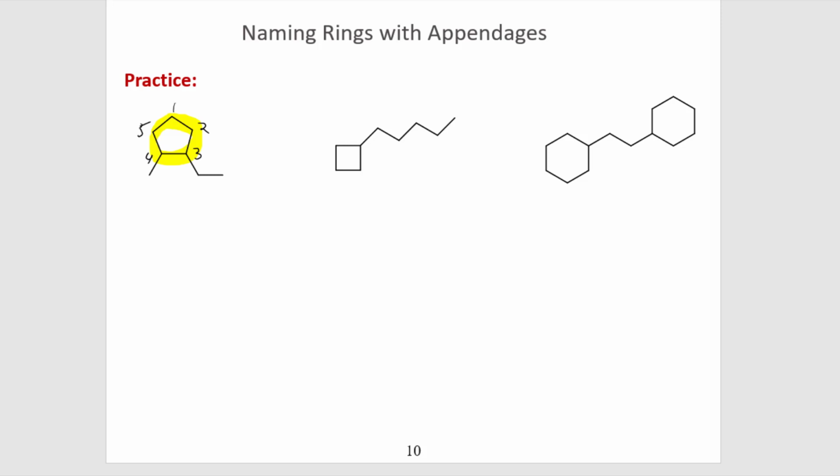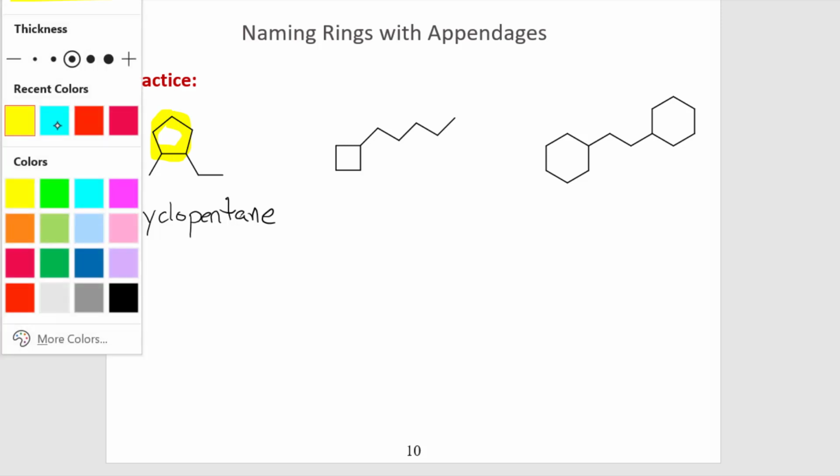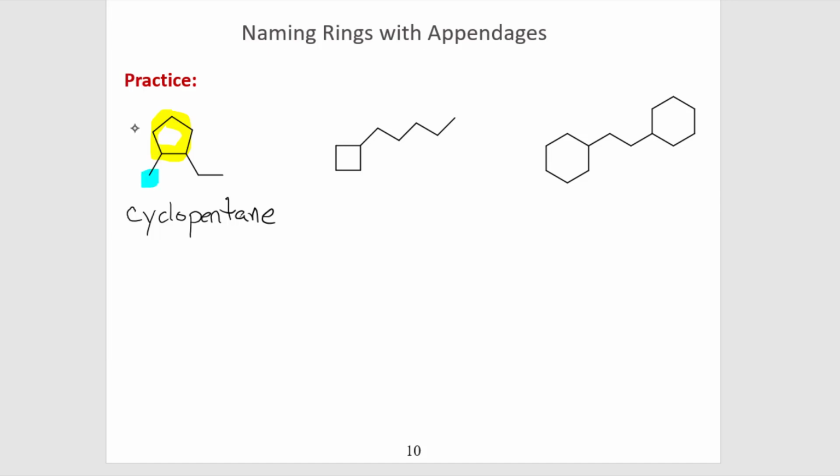I don't know what my numbering system is going to be yet, but there are 5 carbons. So this is cyclopentane. Okay, so I got to figure out where to start numbering. And if you'll notice, I have 2 appendages off of my cyclopentane. I have a methyl and an ethyl, right?